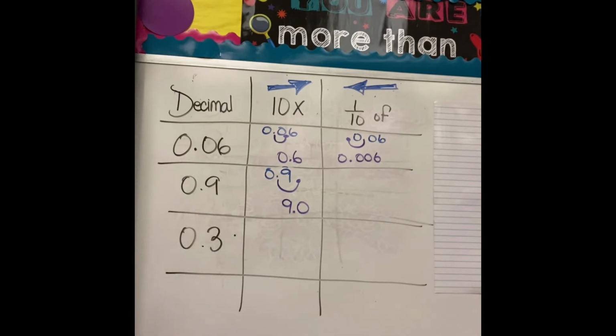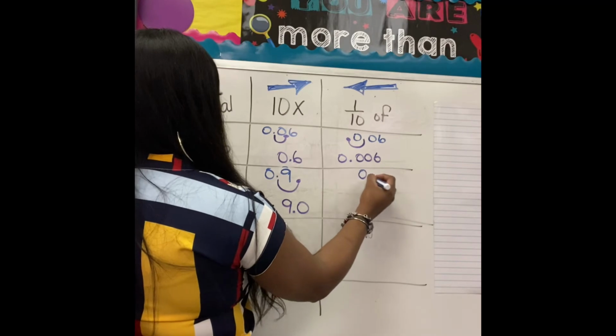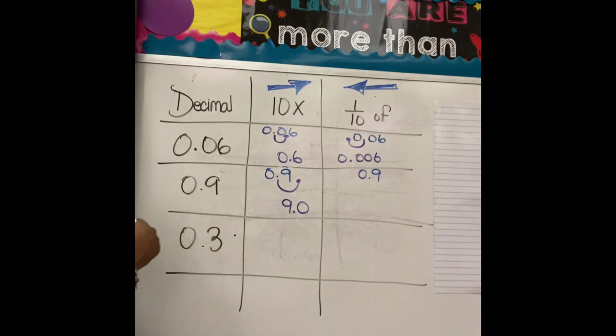Now let's try 1/10 of 9/10. So if we rewrite it here, when we're making something 1/10, we're making it smaller. Fractions are part of a whole number, which means they're making something smaller. It's a small piece. So if we're going from 1/10 of a number or 1/10 of a place value, that means we're going backwards. We're making a number smaller.